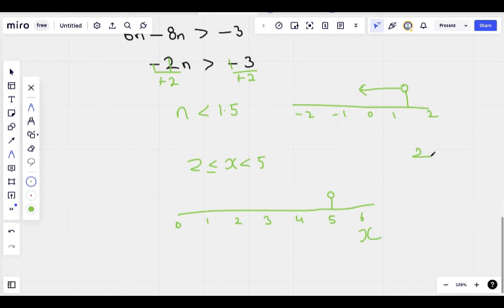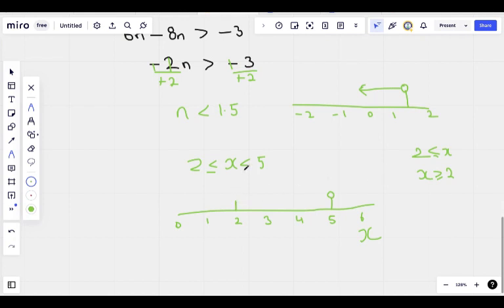Remember this one, 2 is less than or equal to x, is the same thing as saying x is greater than or equal to 2. If you say 2 is less than x, it also means x is greater than 2. It's the same thing. If you say this boy is younger than me, it means I'm older than the person. So we come to 2.